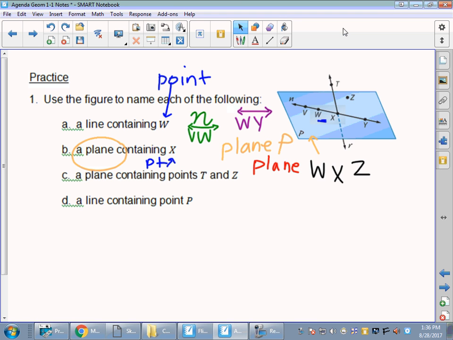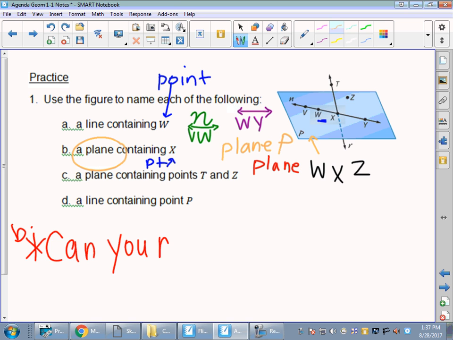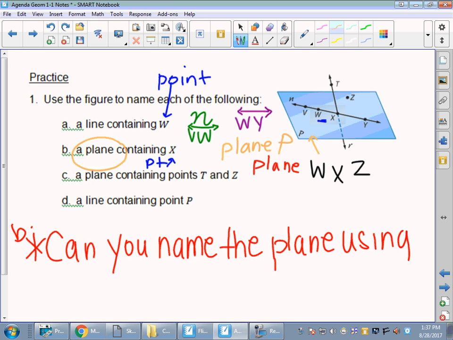Could you, for letter B, name the plane using point T? I'm going to make a little note of this, and I'm going to ask you this. For letter B, can you name the plane using point T?